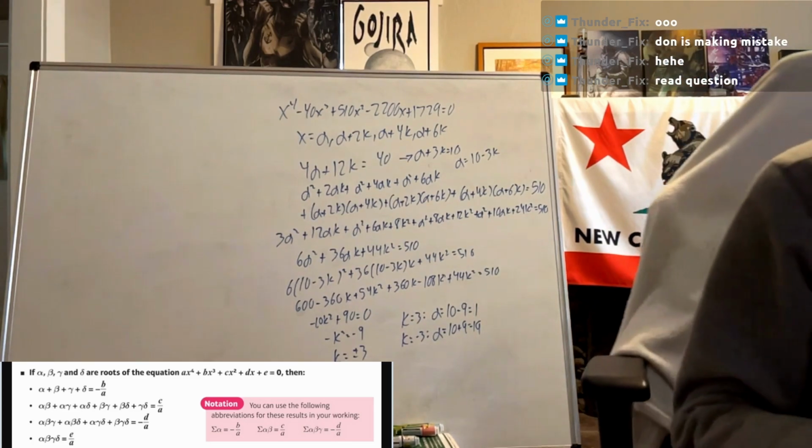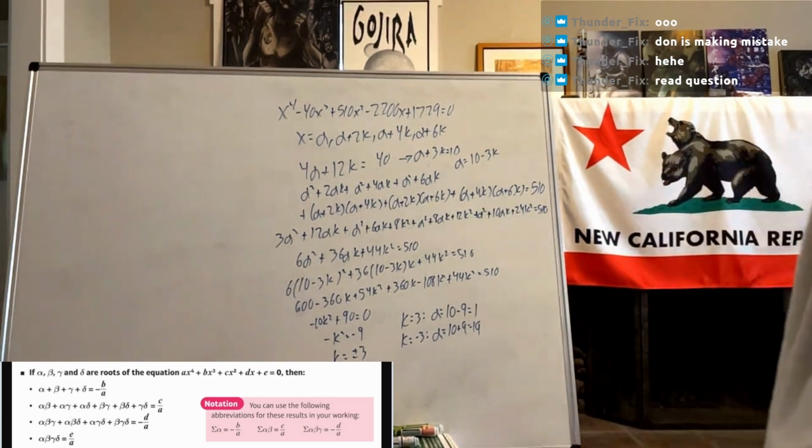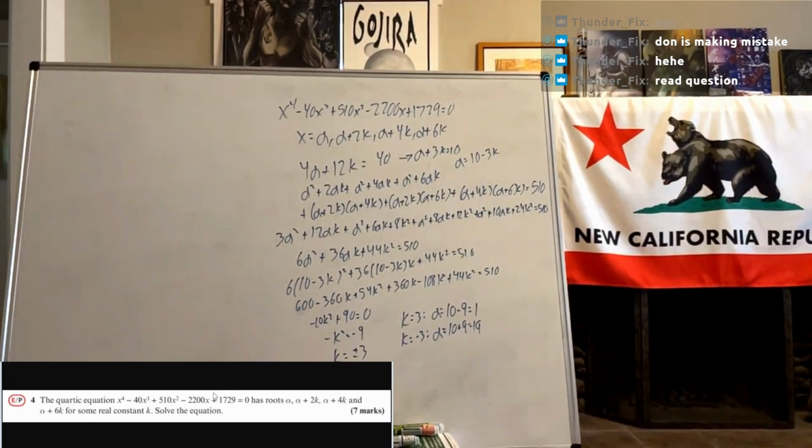Were we given something about alpha? I figure we're given something to distinguish between these two. Some real constant k.